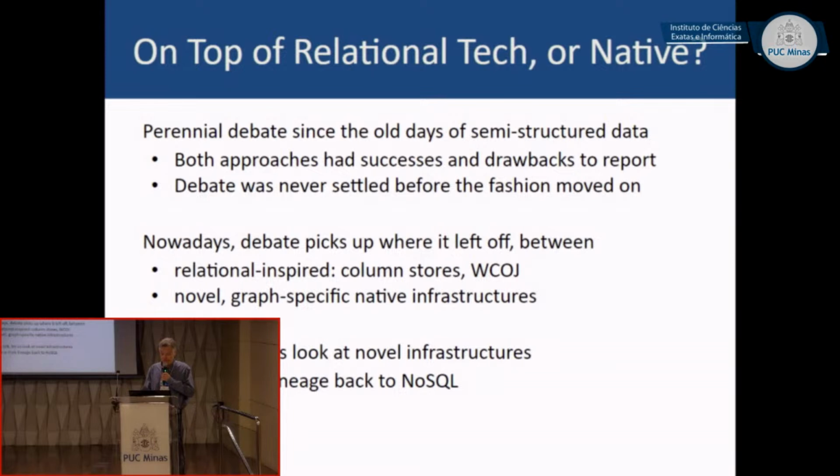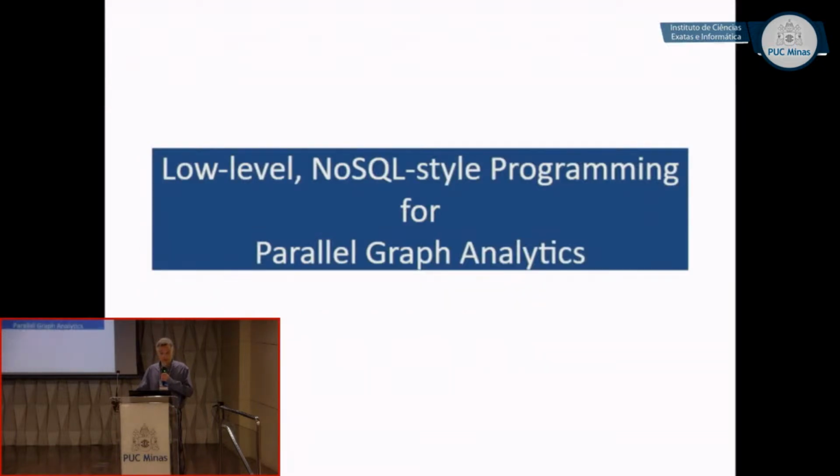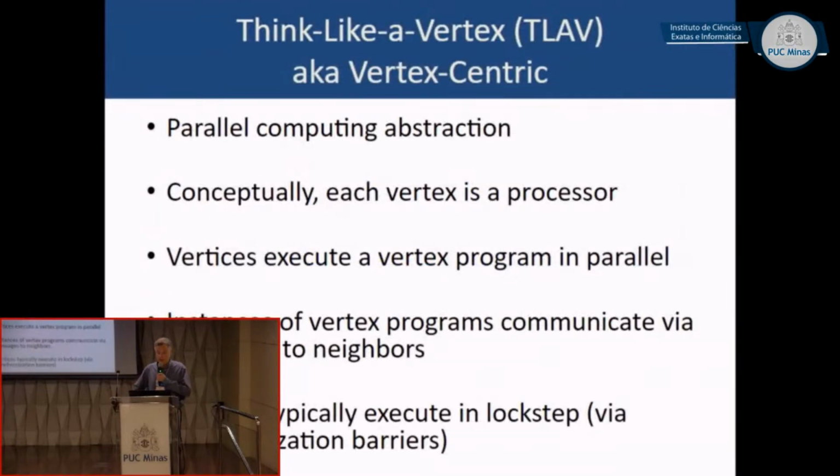Now, it turns out that these novel infrastructures trace their lineage back to the NoSQL programming style. And the adaptation for the particular case of graphs is known in some circles as think like a vertex, also vertex-centric programming. Okay, this is a computing abstraction for parallel computation.